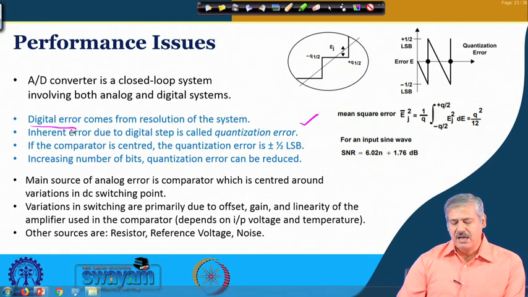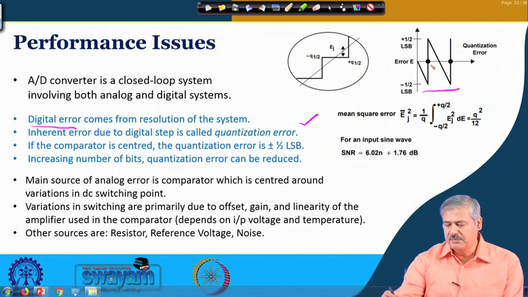And if the comparator is centered, then this particular error would be like this, depending on the input voltage, from plus half LSB to minus half LSB, it will be within that particular range. And if the analog voltage is such that each value within plus and minus half LSB is equally probable, then we can calculate the mean square error of this particular error.